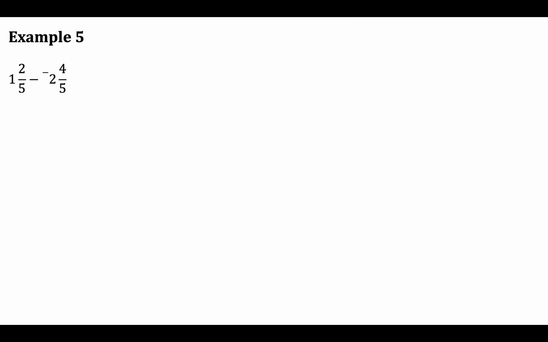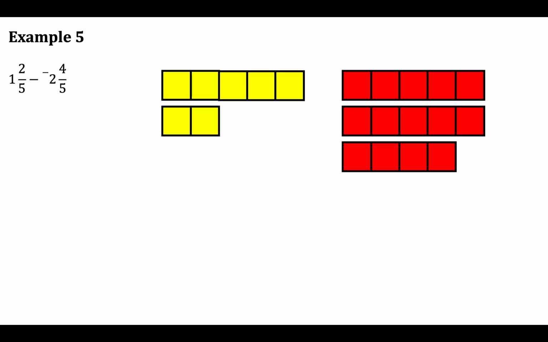Example 5, so we've got 1 2/5 minus negative 2 4/5. Our diagrams, as we've had previously. And we know that subtracting is the same as adding the additive inverse, so we're adding the additive inverse of negative 2 4/5, which is positive 2 4/5.